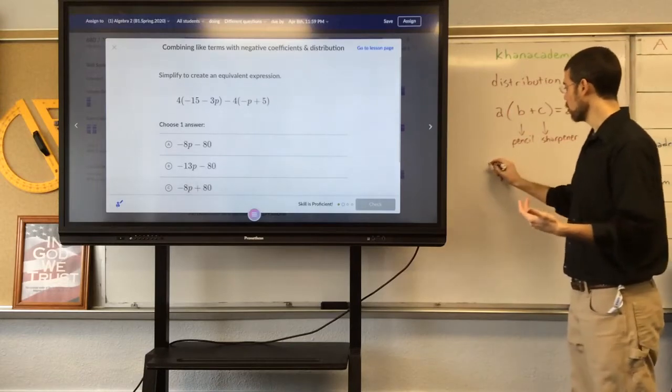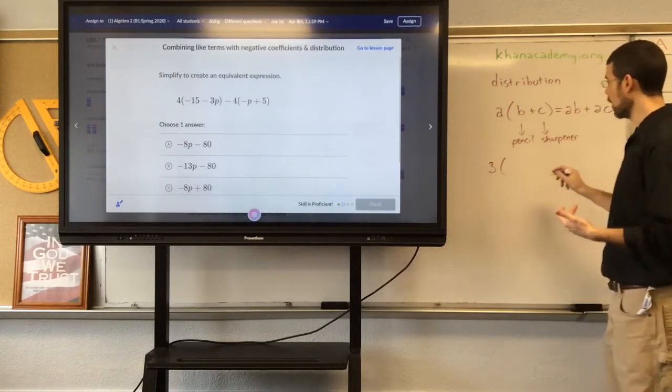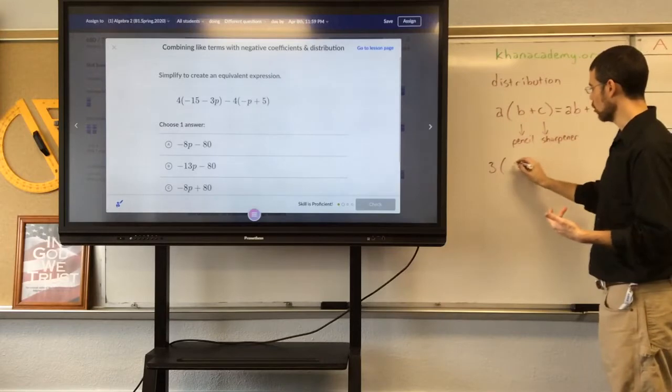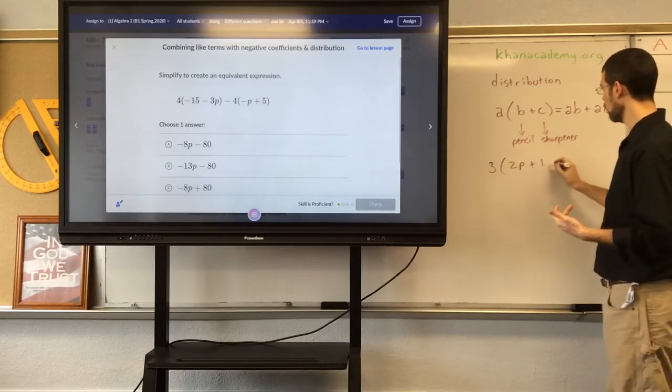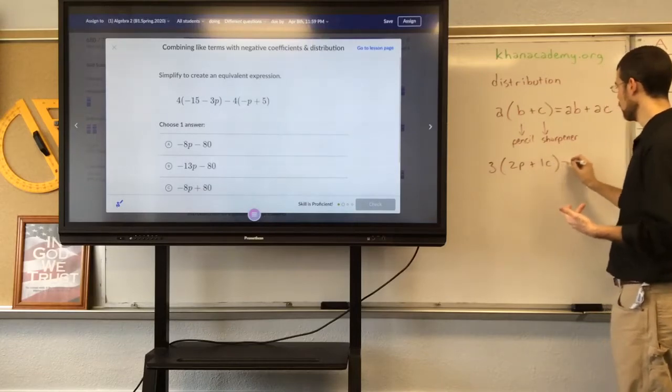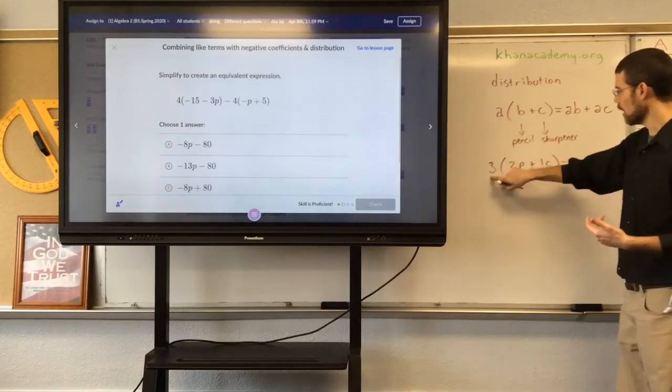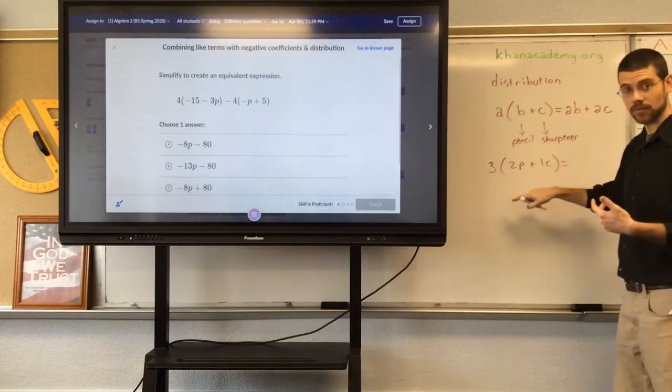So if you bought 3 packages and in that package there were 2 pencils and 1 sharpener, then in the end you would get 3 times as many of the pencils in the package.